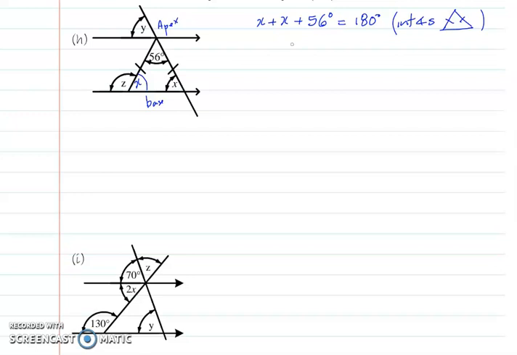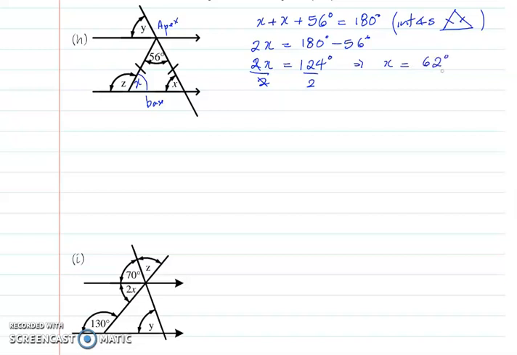Now x plus x is 2x, which is equal to 180 minus 56 degrees. So 2x would be equal to 124 degrees. Divide both sides by 2 and we would get x is equal to 62 degrees.